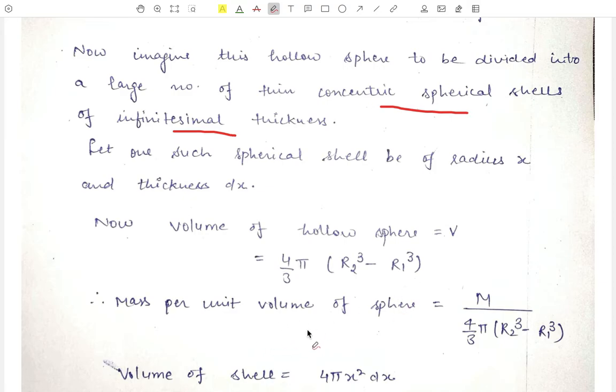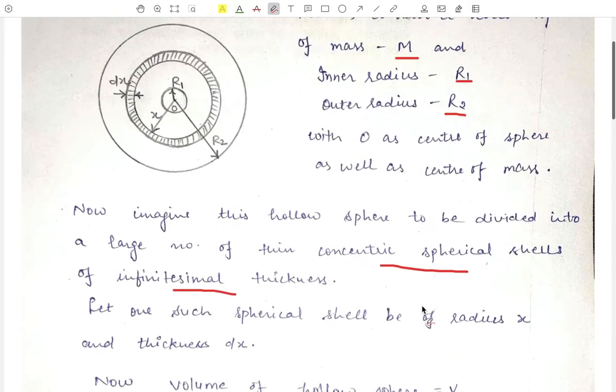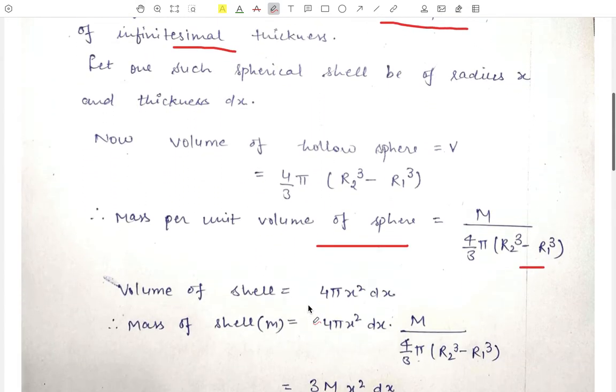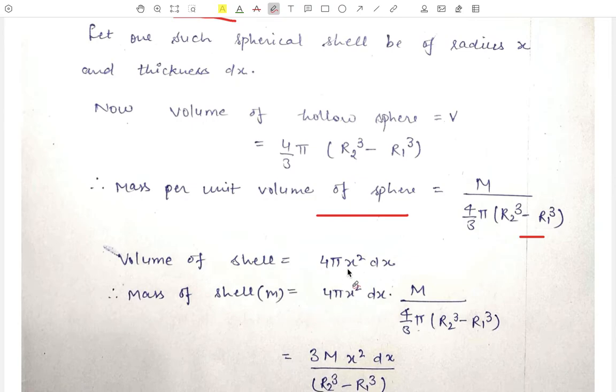Therefore, the mass per unit volume is mass upon volume, that is m upon 4/3 π (r2³ − r1³). Now, the volume of this spherical shell is given by its surface area multiplied by its thickness. Therefore, its volume will be 4π x² dx.